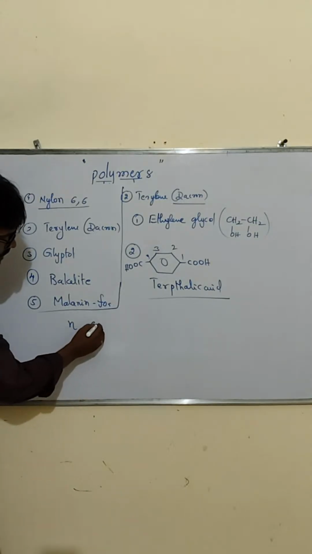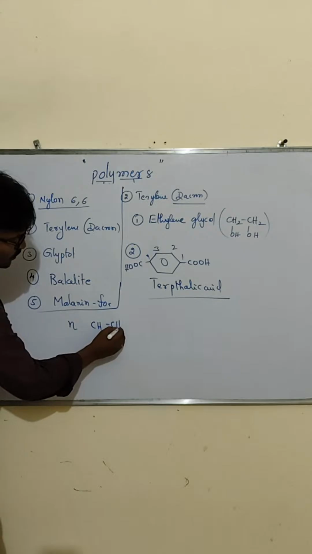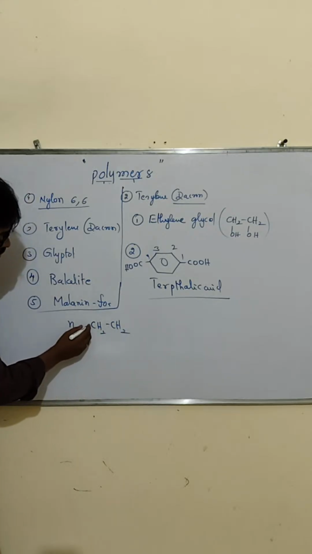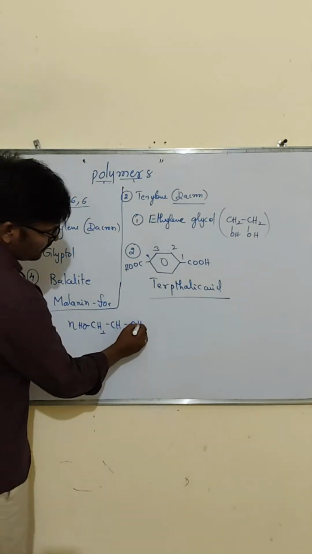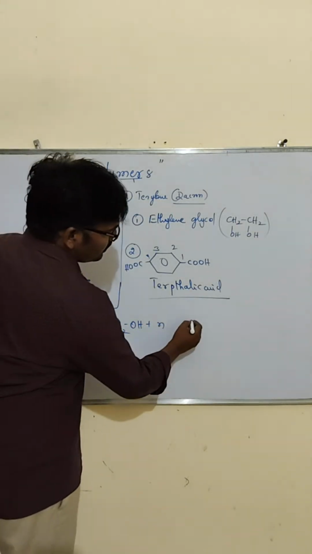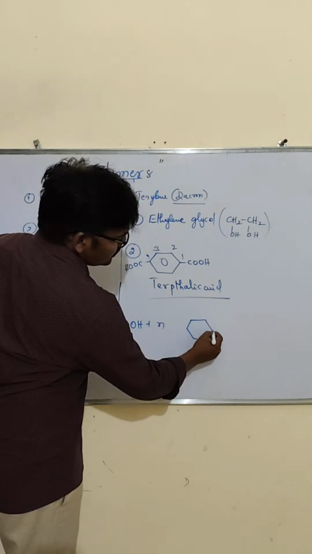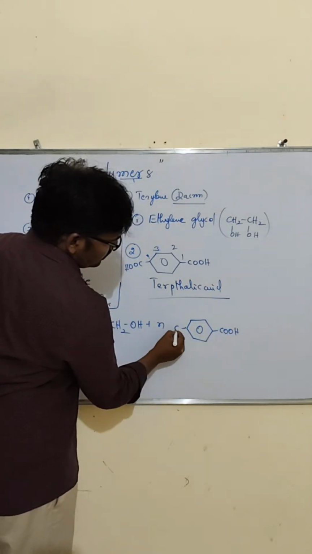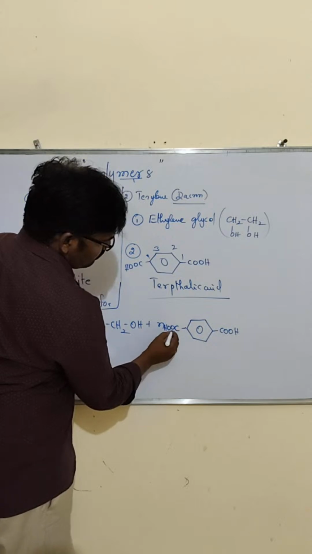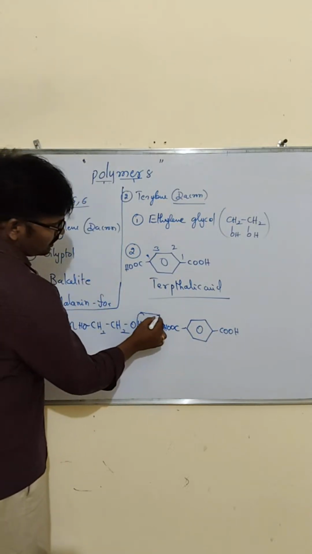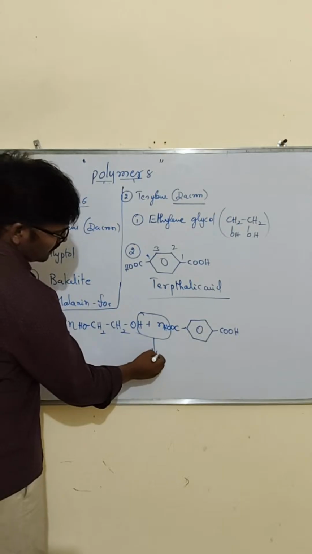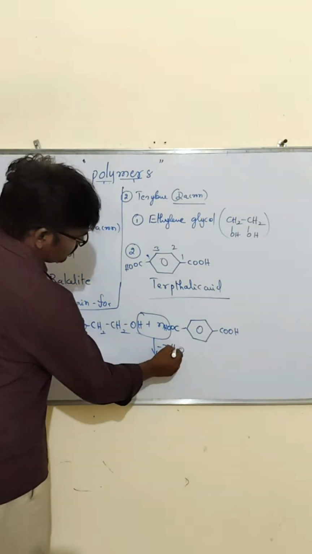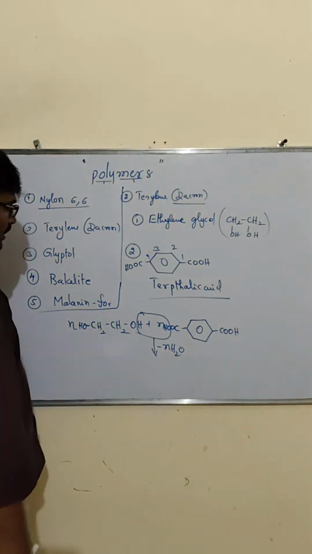First ethylene glycol: CH2 bond CH2, then OH, then bond OH, plus n moles of, this is the benzene structure, COOH, then bond COOH. What I told: one of the H and one more OH, by the loss of n moles of H2O molecules, simple molecules, will be lost.